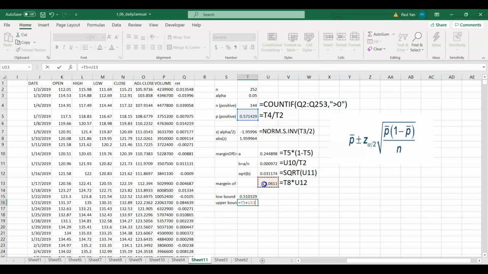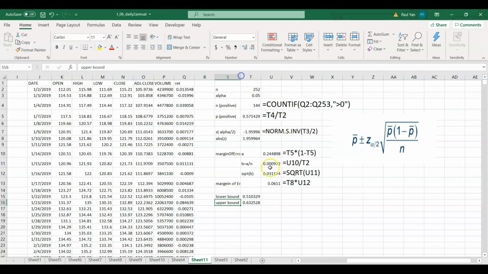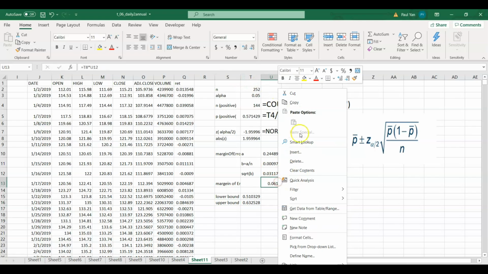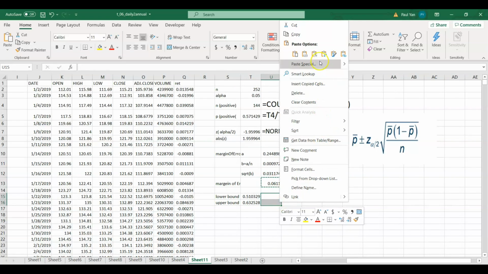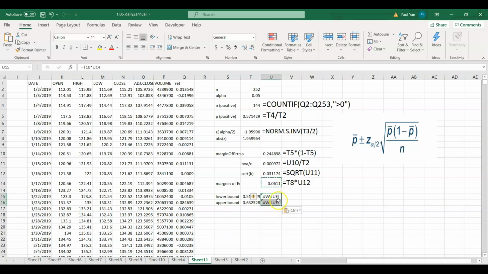One is the lower bound, another is the upper bound. I'm going to copy the show formula here. Sorry, I should copy this one. Let me make it bigger.